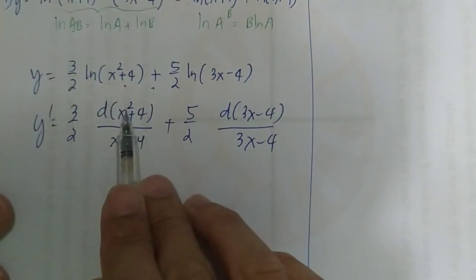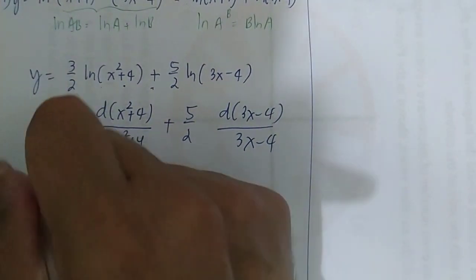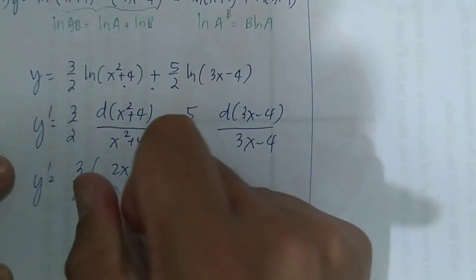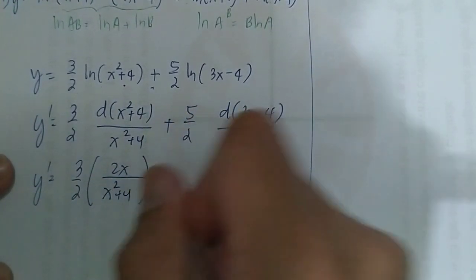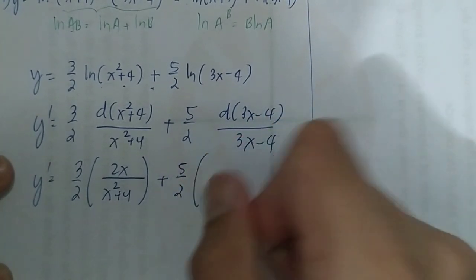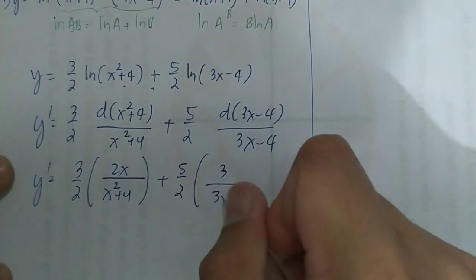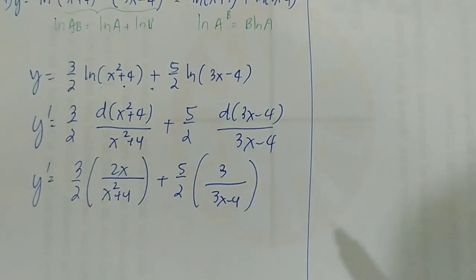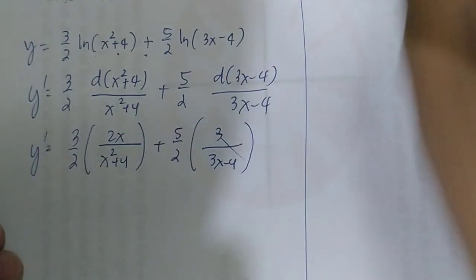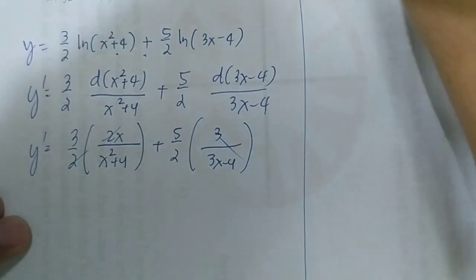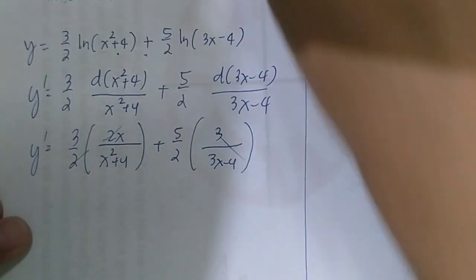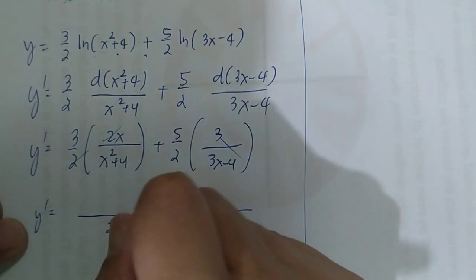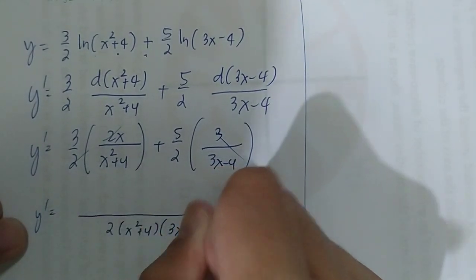So, derivative of x squared plus 4 is simply 2x. So, your y prime there is 3 halves 2x over x squared plus 4 plus 5 over 2, 3 over 3x minus 4, since the derivative of 3x minus 4 is simply 3. So, that 2 cancels out. So, magkakaroon ako ng LCD na 2 times x squared plus 4 multiplied by 3x minus 4.